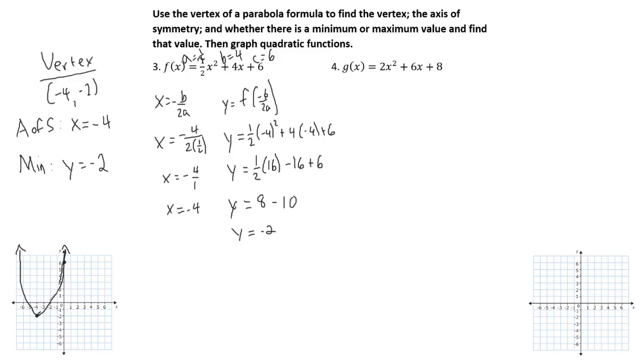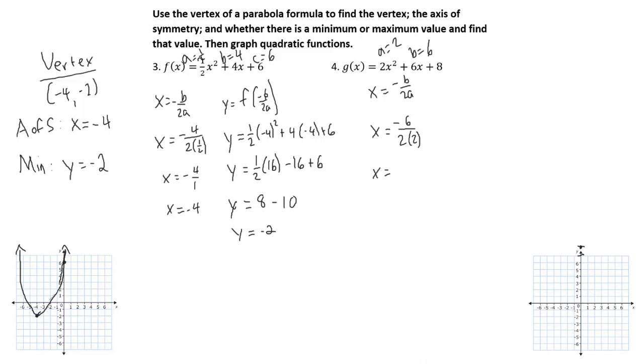All right, and again, like I said, if we know our c value of 8, it gives us our y-intercept at 8. So plug in negative b divided by 2a, and we can see that a is 2 and b is 6. So that's x equals negative 6 divided by 2 times 2.